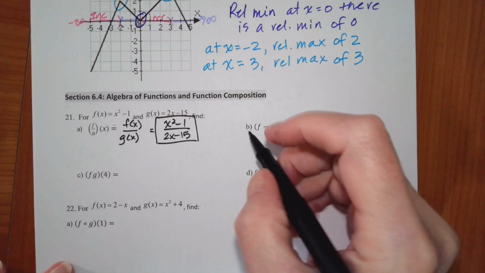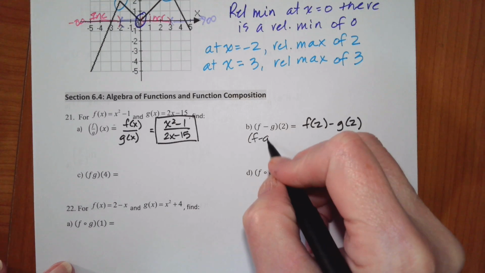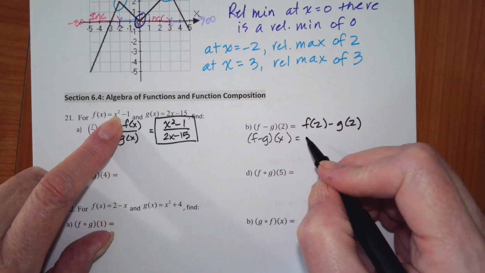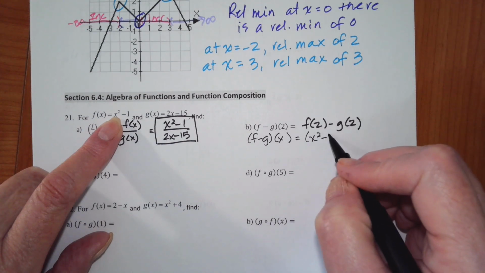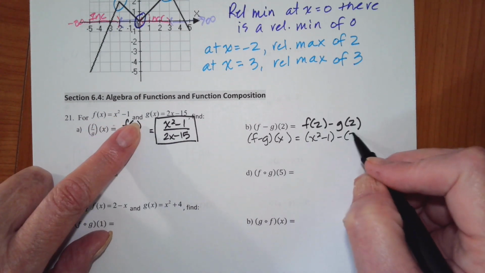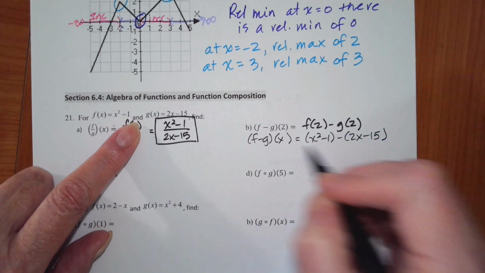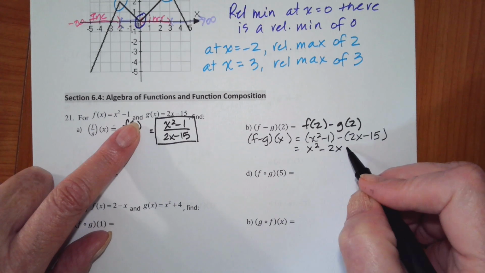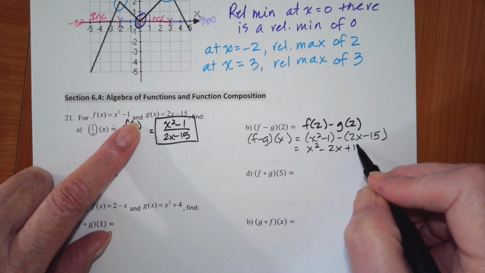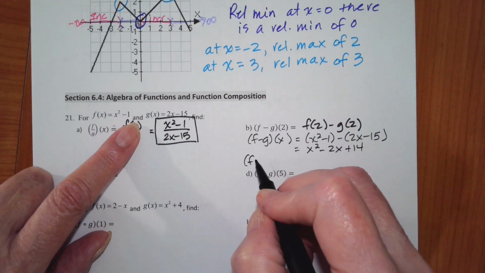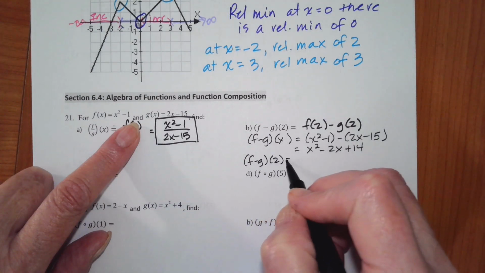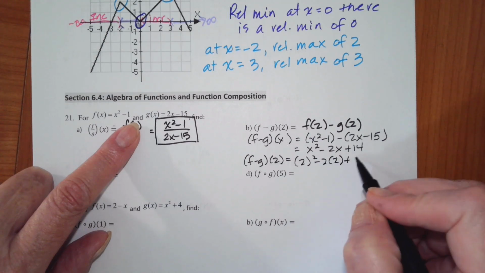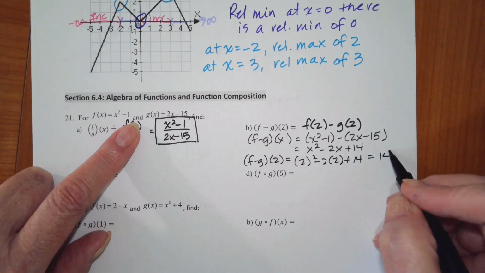Okay, so if I want to find f minus g of x, then that's just x squared minus 1 minus 2x minus 15, which is x squared minus 2x plus 14. So f minus g of 2 is 2 squared minus 2 times 2 plus 14, which is 14.